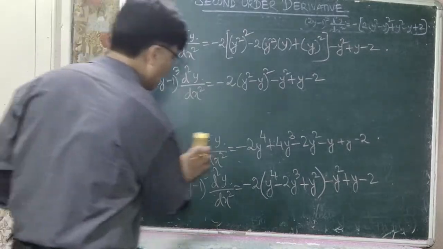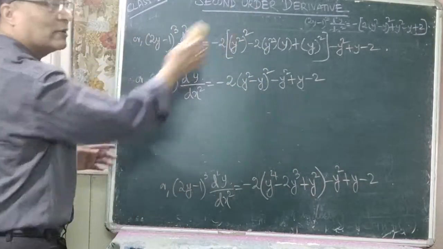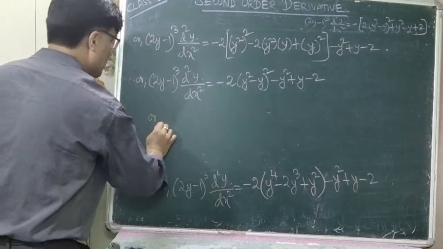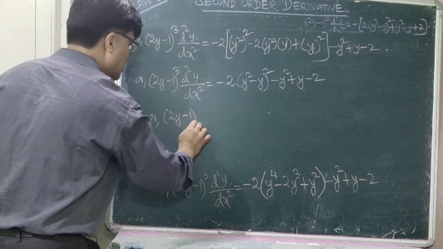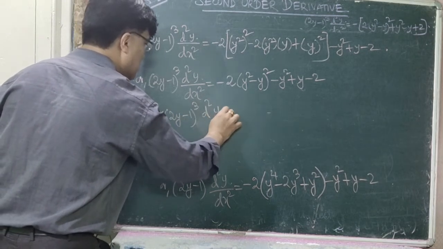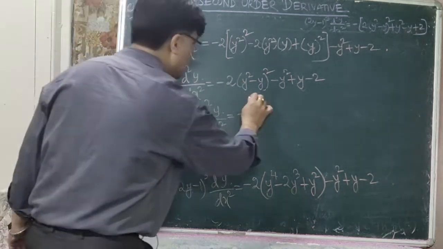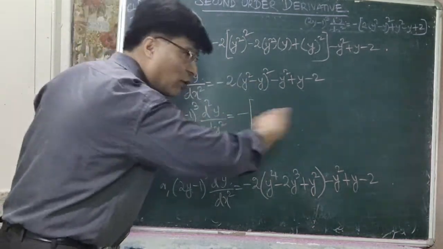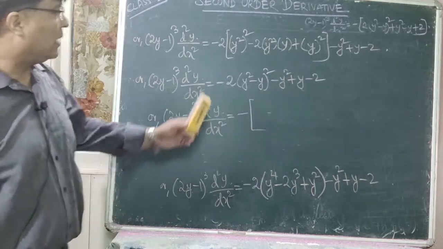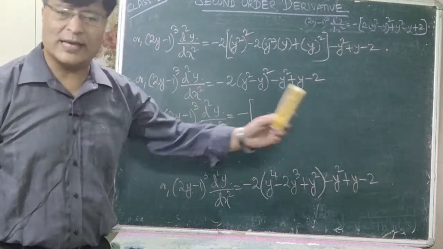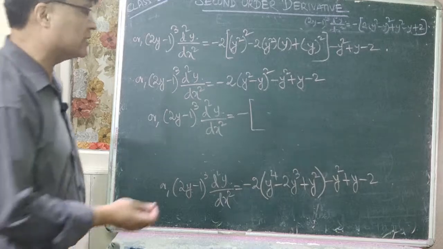Minus is taken common now. So if you take minus common, you will get that right hand side. Okay? So this is your (2y minus 1) whole cube d2y by dx square. Only minus sign is taken common. So within the bracket, write down all the expressions. If minus sign is taken common, all the signs inside the bracket will be changed.